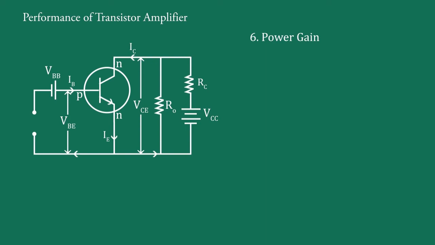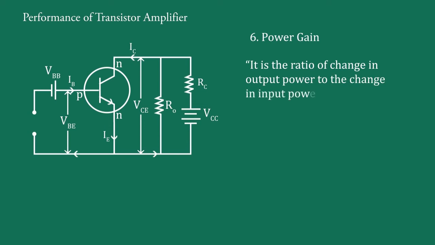Sixth, power gain. It is the ratio of change in output power to the change in input power. That is AP equal to delta PO upon delta PI. Change in output power delta PO equal to change in output voltage delta VCE into change in output current delta IC, and change in input power delta PI equal to change in input voltage delta VBE into change in input current delta IB.